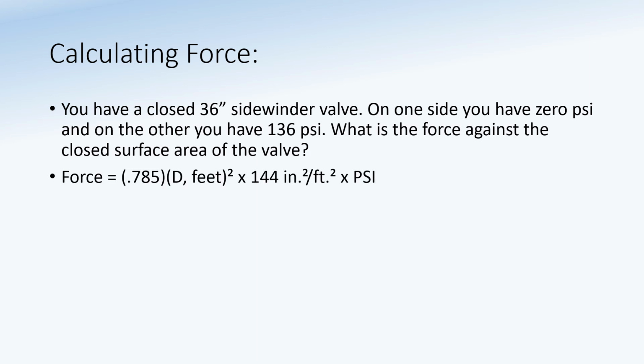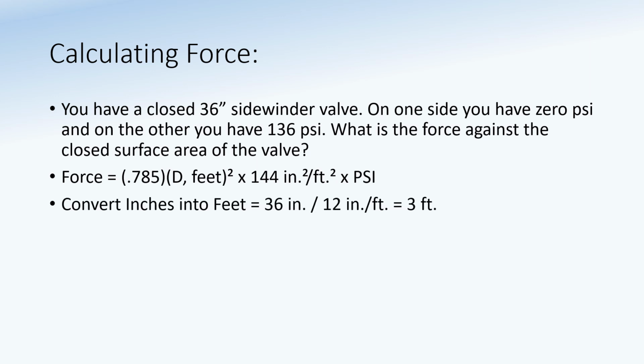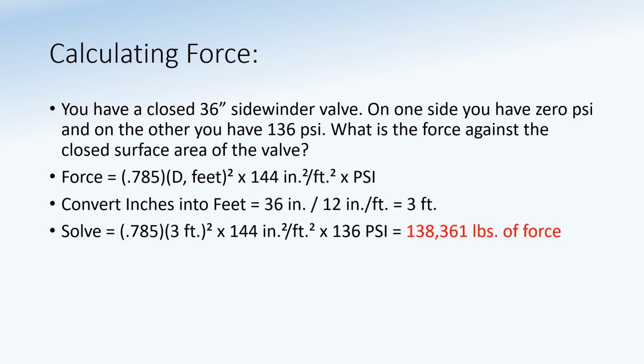Okay, so force equals 0.785 times diameter in feet squared times 144 inches squared per feet squared times psi. So if we convert inches into feet, you're going to get 36 inches divided by 12, you get 3 feet.